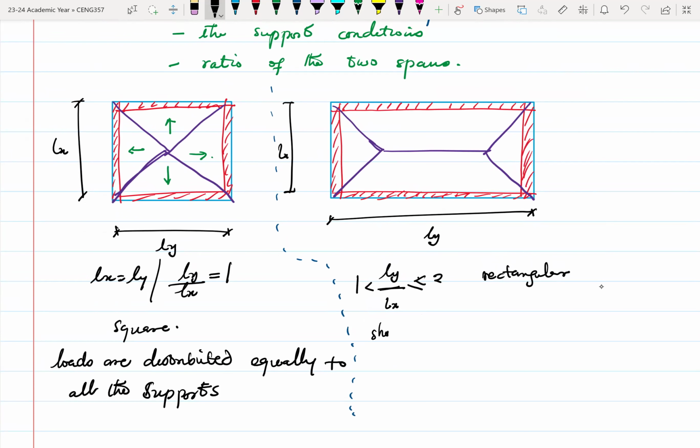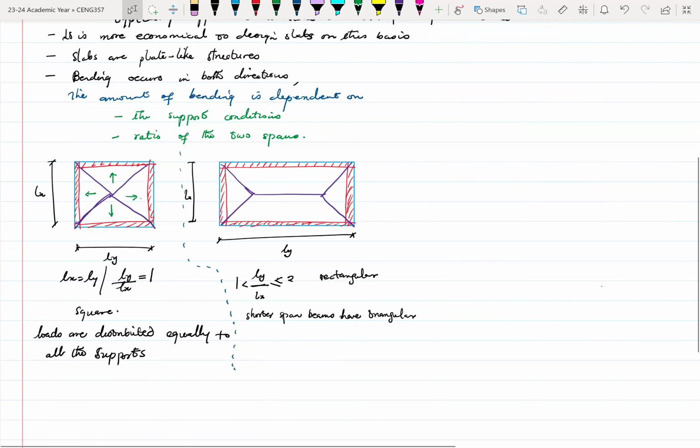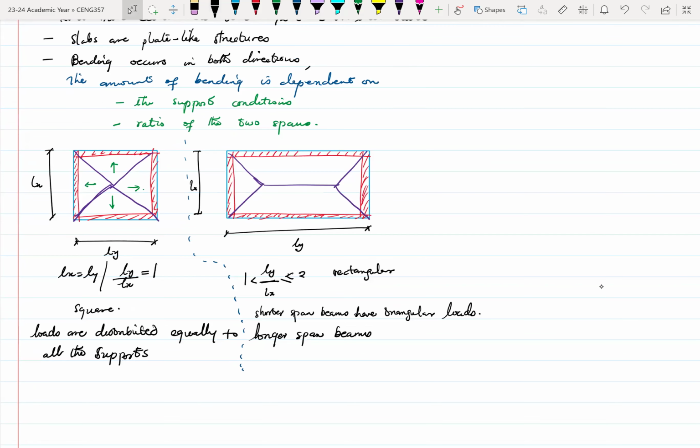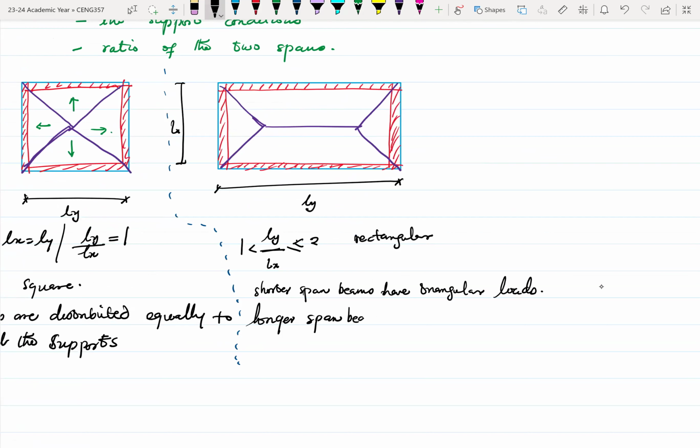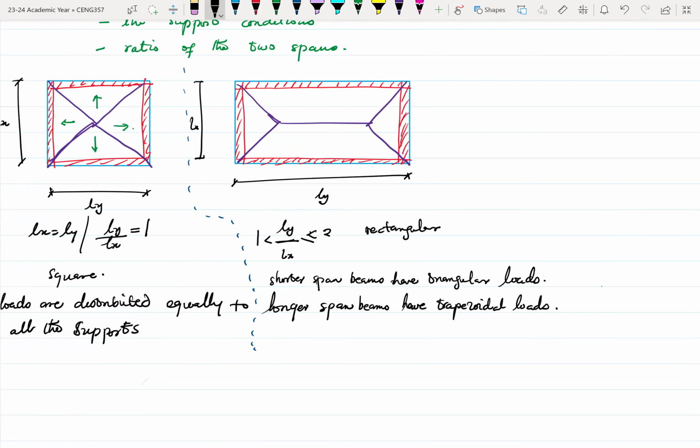Let's say shorter span beams have triangular loads. And then the longer span beams have the trapezoidal or trapezium loads. I mean, same thing. All right. So that's the load transfer.